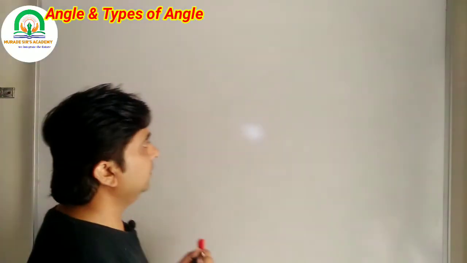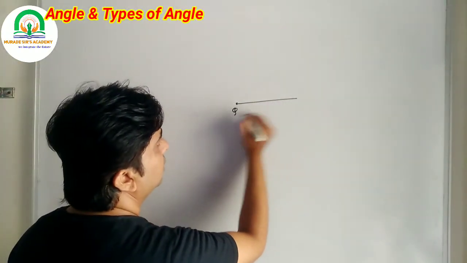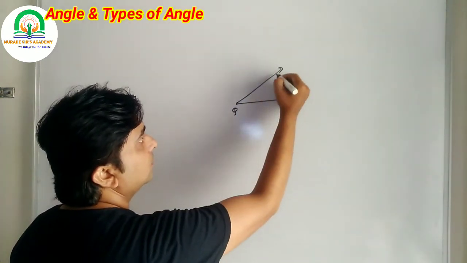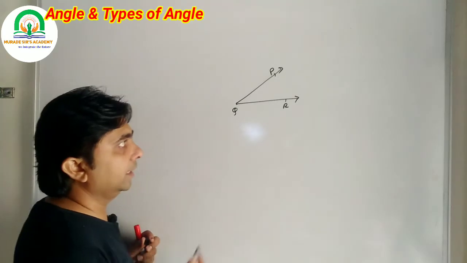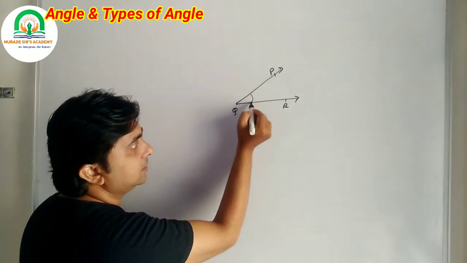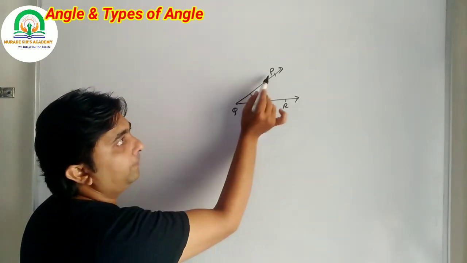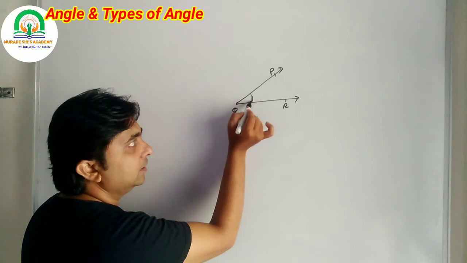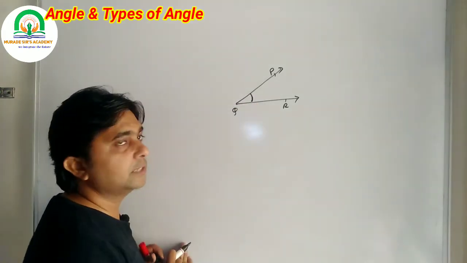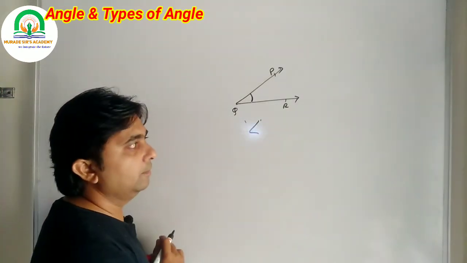In the same way, QR is one ray and QP is another ray. Because of QP, some space is traced in between these two rays. This space is called an angle. This angle is denoted by this symbol.